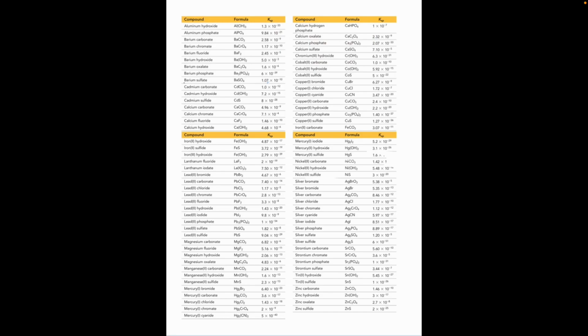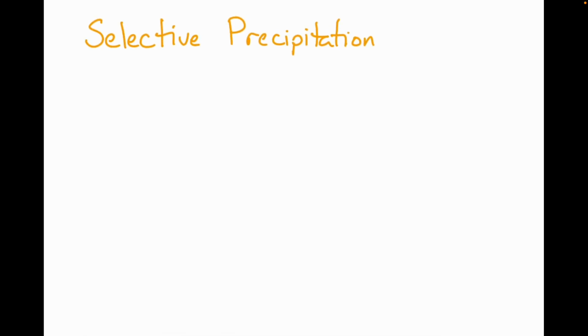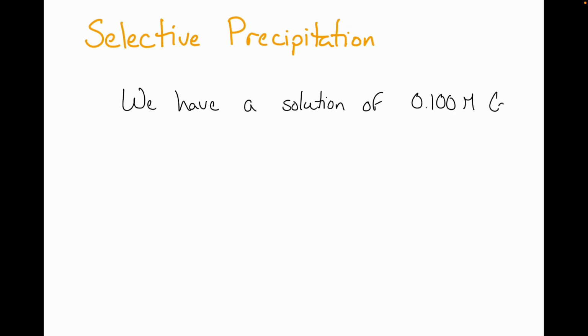All right, so let's say we have a solution of 0.100 molar calcium ions and 0.100 molar, what did I just find? Cobalt ions.